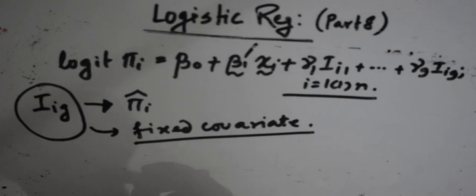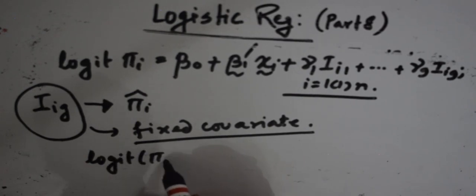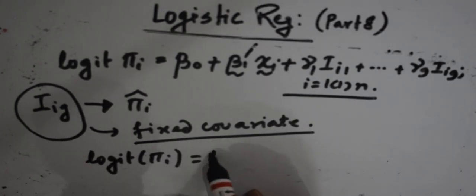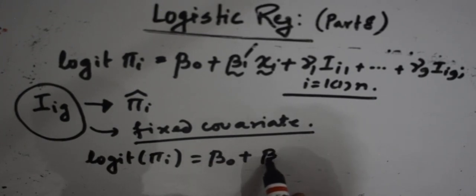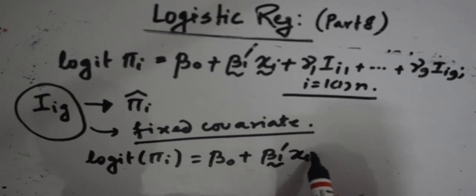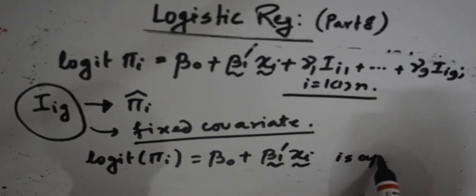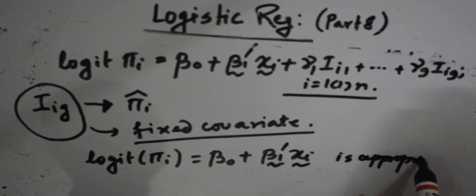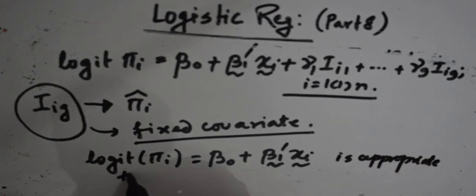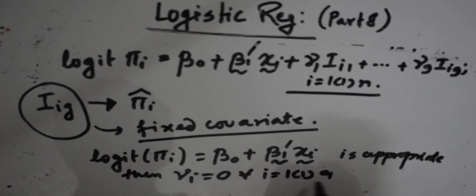If the model logit pi i equal to beta naught plus beta 1 tilde prime x i tilde is appropriate, then gamma i equal to 0 for all i from 1 to 9.